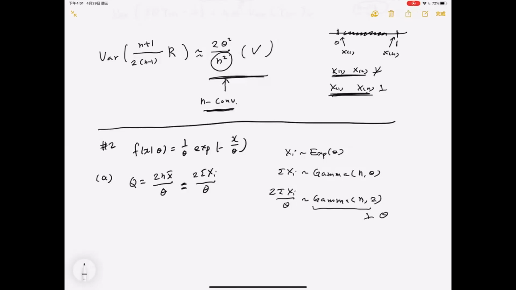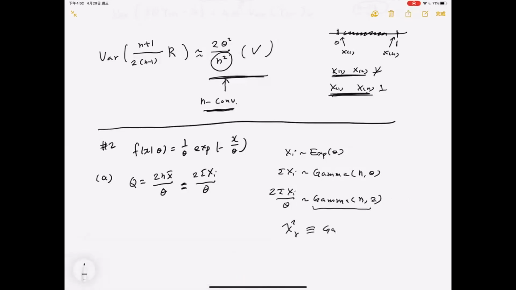So you can say that Q, which is 2 summation xi divided by theta, follows gamma n, 2, independent of theta. So Q is a pivotal quantity. Of course, I can also write this as chi-square, because chi-square is basically gamma.